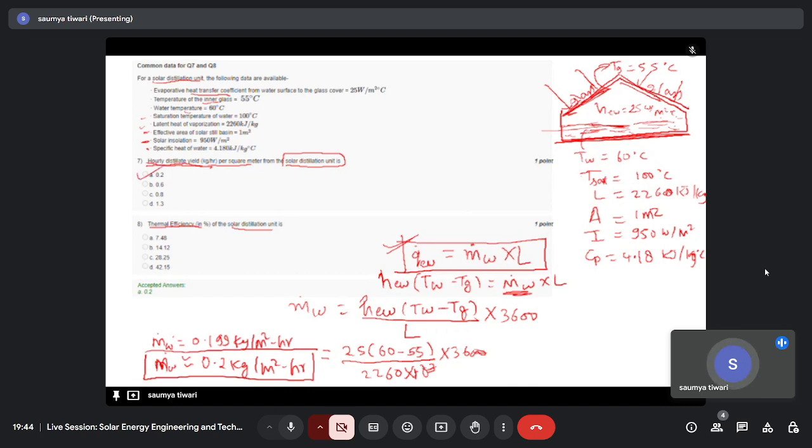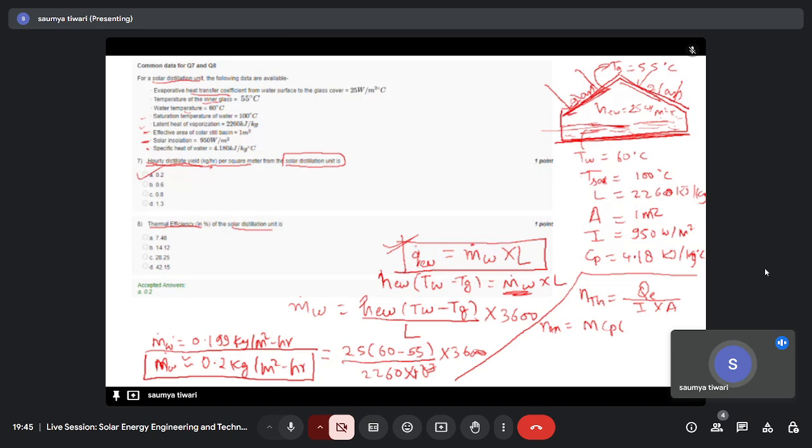Now, if you want to calculate the thermal efficiency, the concept is clear, right? For thermal efficiency, we know that it's output upon input. So your input is your incoming solar flux into the effective area of this particular solar still basin, and your output is basically the useful heat, right? So it will be your sensible plus your latent heat.